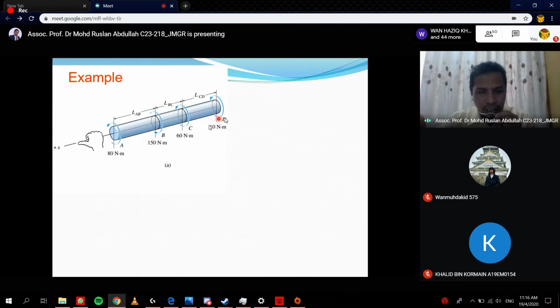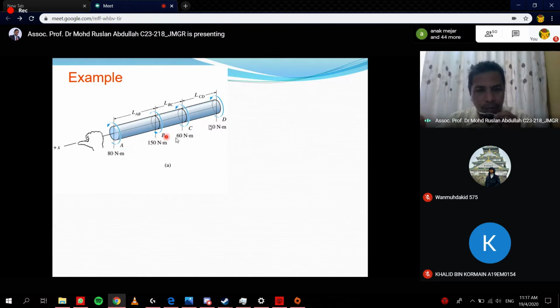The blue color here refers to the external torque. In our calculation, we use the internal torque. So how do we determine the internal torque? You have to cut in between. Let's say for section AB, you cut between A and B.